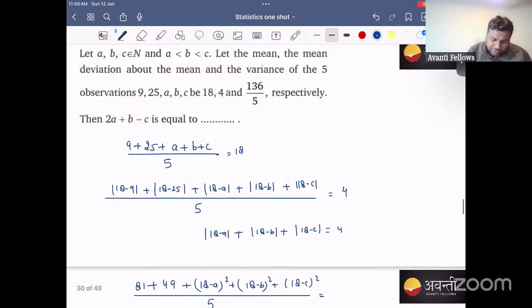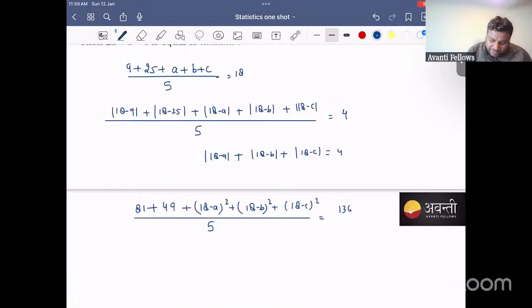This is given to you as 136 upon 5. 5 cancels. So (18 minus A) square plus (18 minus B) square plus (18 minus C) square is 136 minus 81 and 49, 130. So that is 6.